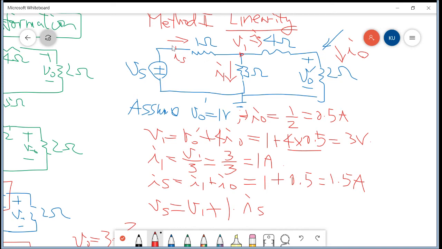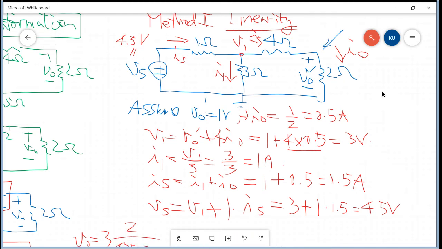V1 is 3 volts, and Is is 1.5. So plus 1 times 1.5, which is 4.5 volts. In this case, Vs is actually 4.5 volts.